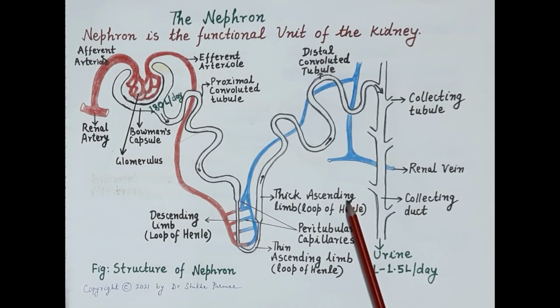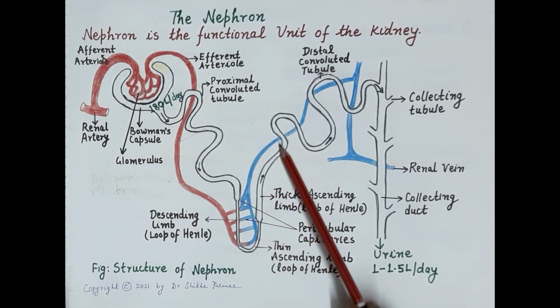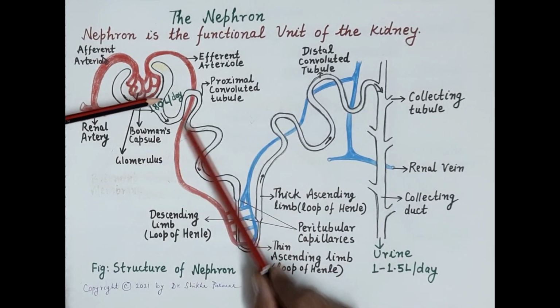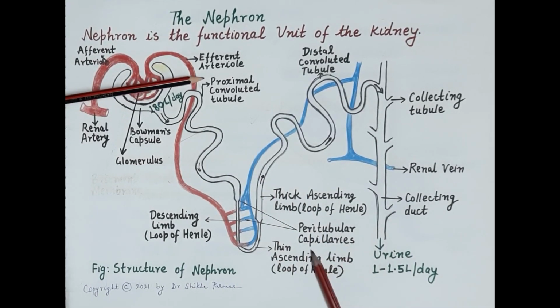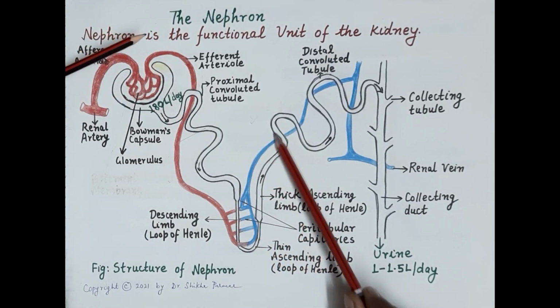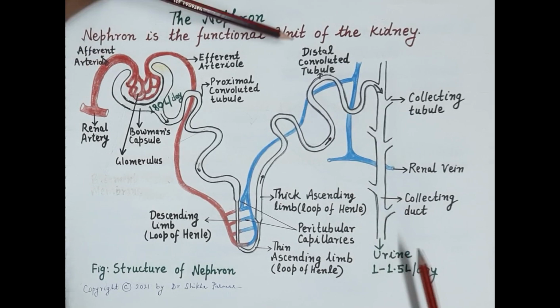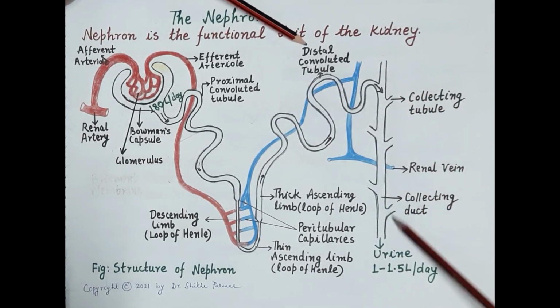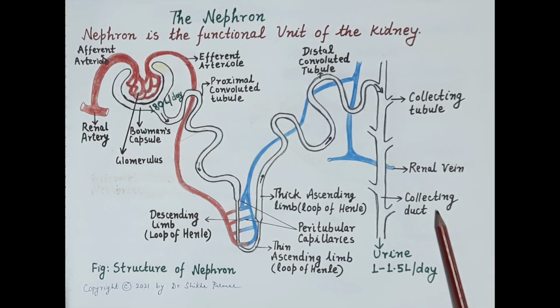Now this is the tubule of nephron and it is about 3 cm long. Now this tubule is described in four different parts. The first part of the tubule is called the proximal convoluted tubule. The second part of the tubule is called the loop of Henle. The third part of the tubule is called the distal convoluted tubule, whereas the last part or the fourth part of the tubule is termed as a collecting duct.